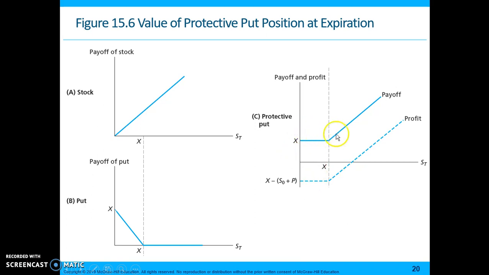The profit line is lower because you're paying the price of the put. So your net is going to be the strike minus the price of the put.